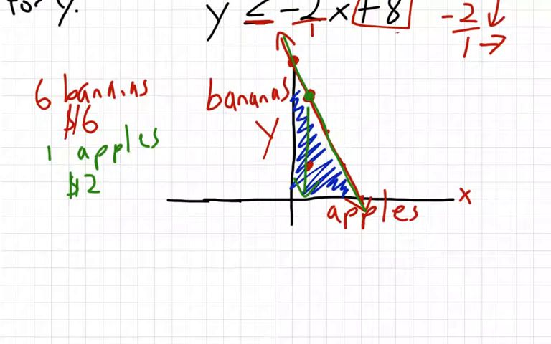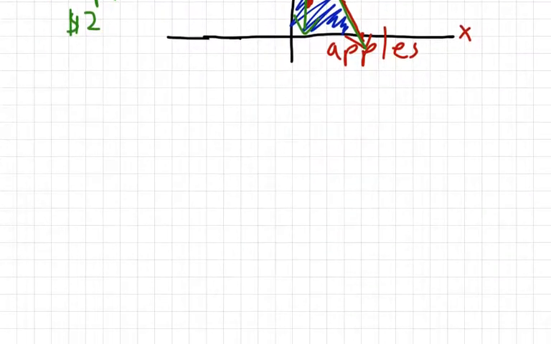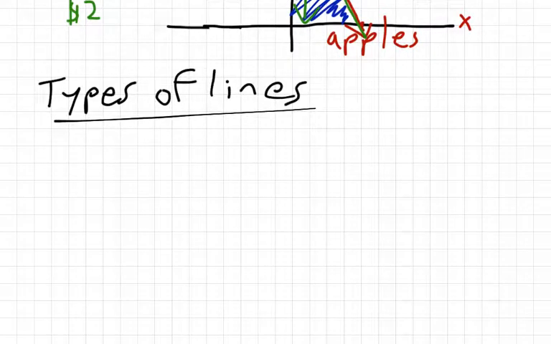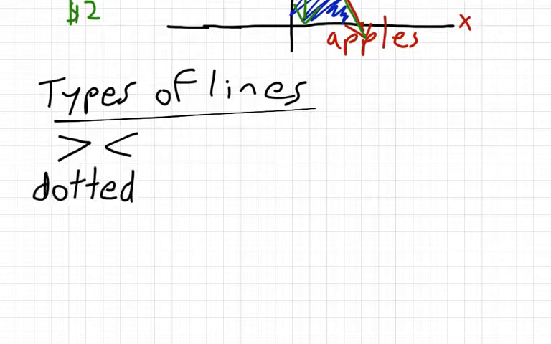Alright, next I want to talk about how to graph these specifically. Well, first let's just talk about types of lines. So if we have a greater than sign or a less than sign, these are going to be dotted lines.